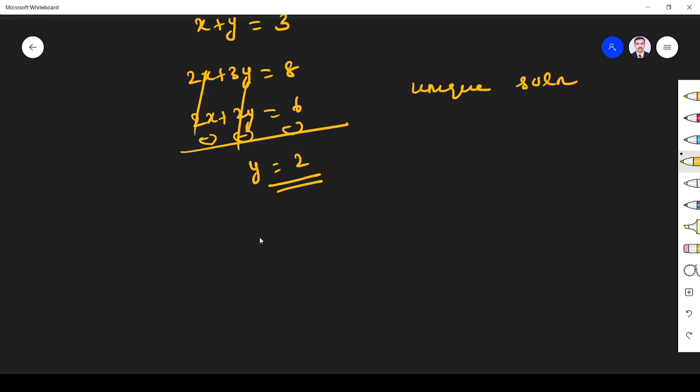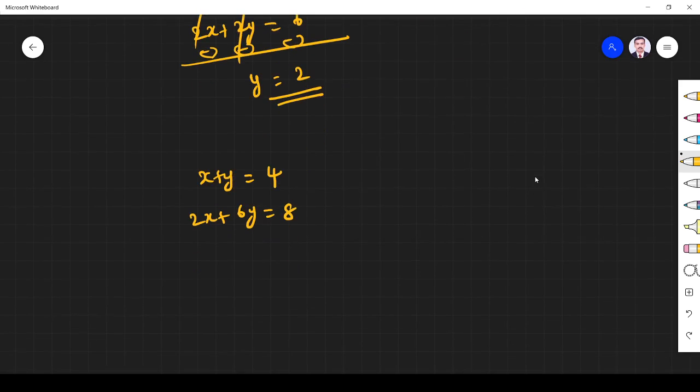Suppose I take an equation like this: x plus 3y is equal to 4 and 2x plus 6y is equal to 8. I multiply equation 1 by 2, so 2x plus 6y is equal to 8.